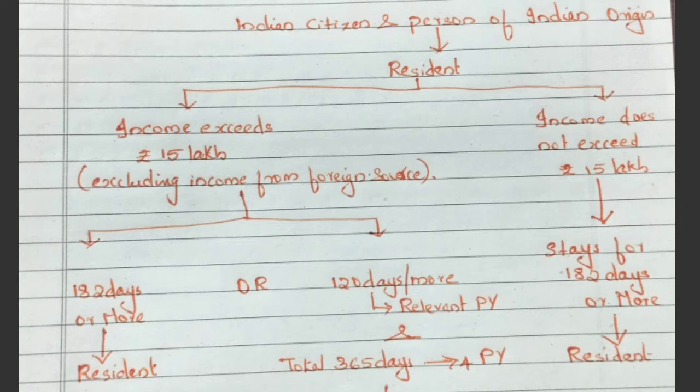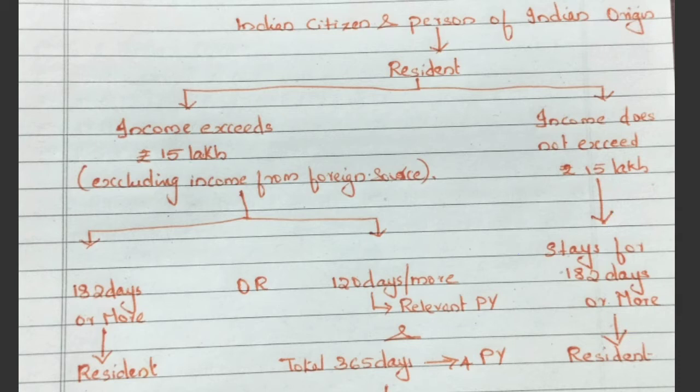In case of those whose total income excluding foreign income does not exceed rupees 15 lakh, they become a resident only if they stay in India for a minimum of 182 days. That is, if they stay in India for 182 days or more, then they become resident. I think it is clear.